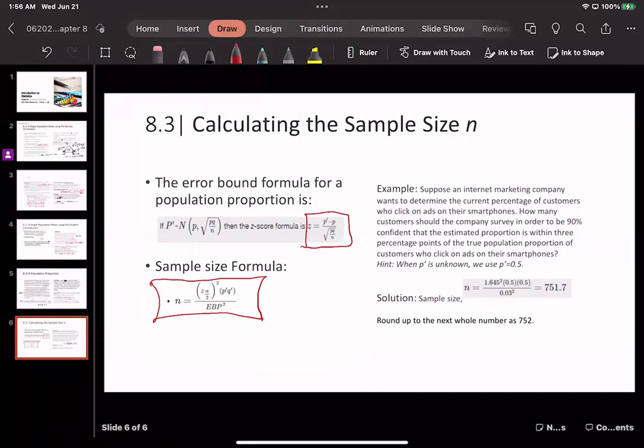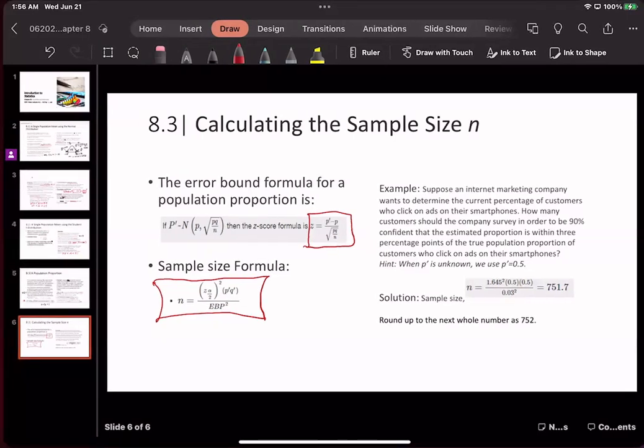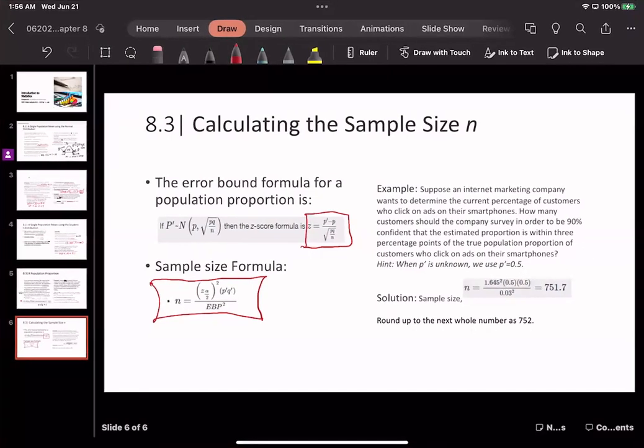Sample size equals the z-score critical value squared, multiplied by p-hat times q-hat. P-hat is the sample proportion, and q-hat is 1 minus p-hat.